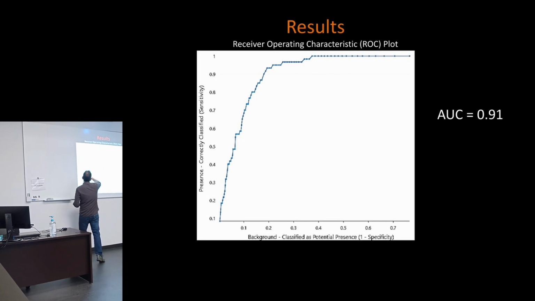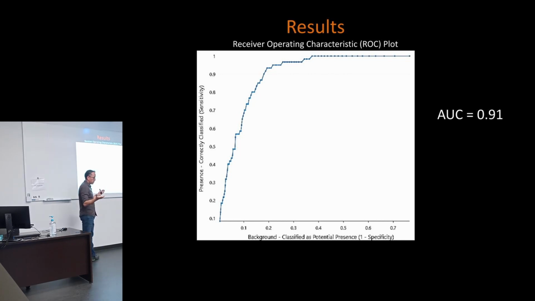And if it's perfectly aligned to the y-axis, the area under the curve is going to have a value of 1, if it's a perfect model that did very well. So the deviation from 1 means that the model is not perfect.